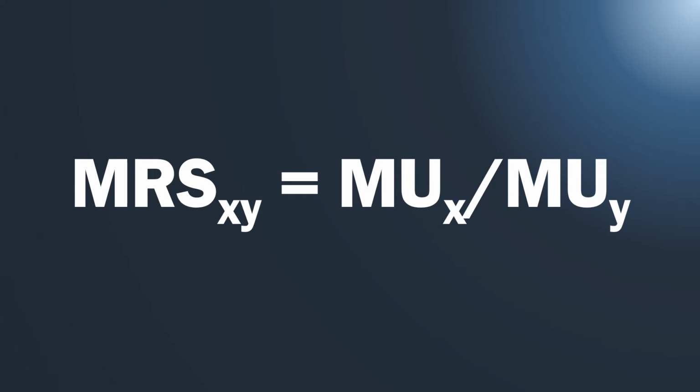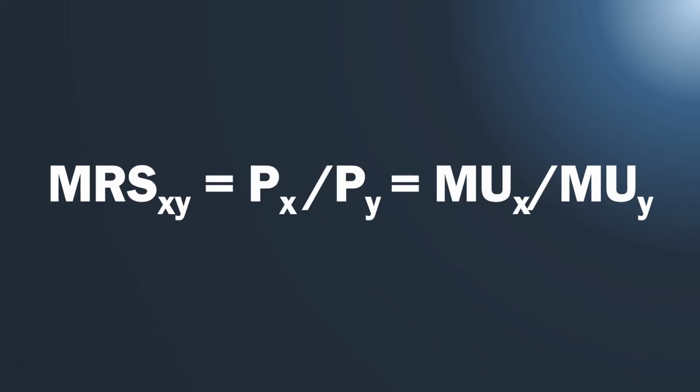So it turns out that our marginal rate of substitution is equal to our marginal utility of x over our marginal utility of y. So from indifference curve analysis, we already know that the marginal rate of substitution has to be equal to the price ratio. Basically, the indifference curve slope has to be the same as the budget constraint slope.